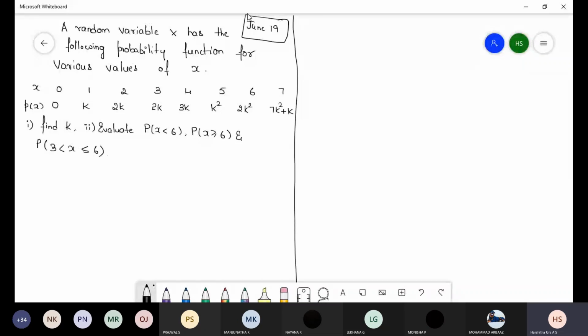Also, find the probability distribution and the distribution function of x.